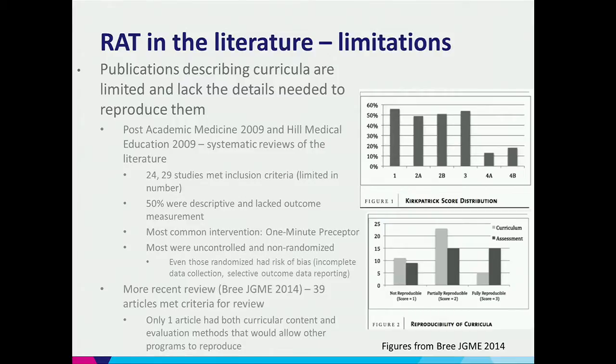The group of authors went through these 39 articles, and they reached consensus as to what met the definition for not reproducible, partially reproducible, and fully reproducible. And then one author went through all of the studies and characterized them. So you can see here that if you don't have a resident teacher curriculum and you want to take what's in the literature, you have limited options to adapt or adopt at your home institution.